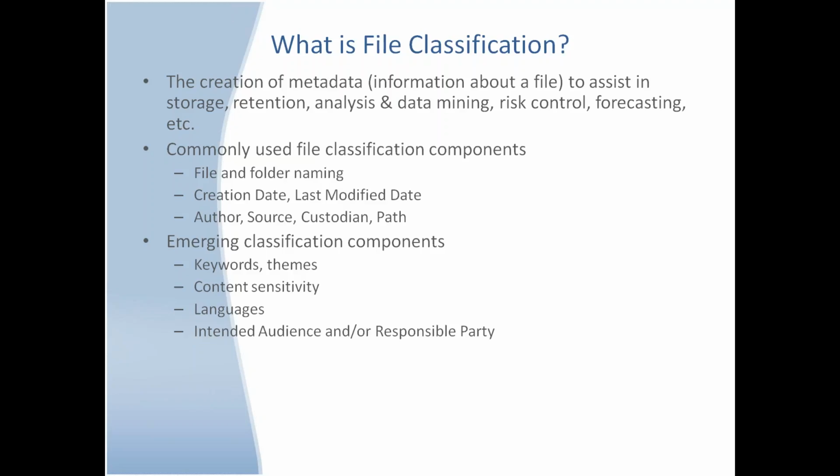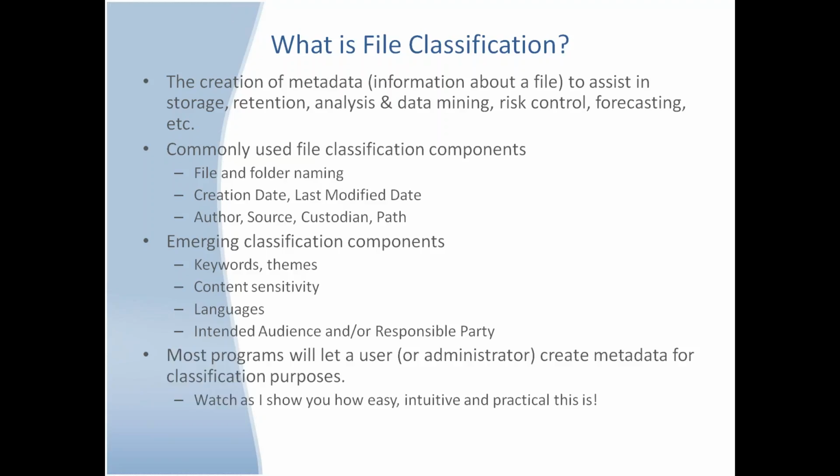There's another type of sensitivity too. Is it classified information, or maybe a trade secret or ultra trade secret? Different levels of content sensitivity will have different security measures around them, or they should.